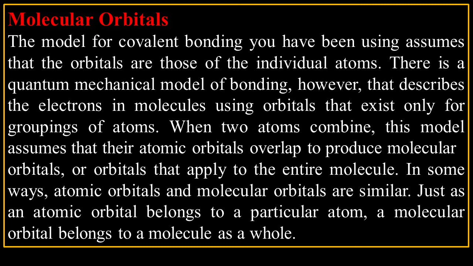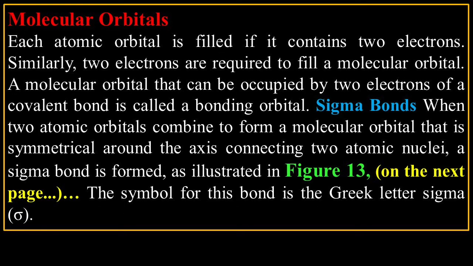When two atoms combine, this model assumes that their atomic orbitals overlap to produce molecular orbitals, or orbitals that apply to the entire molecule. In some ways, atomic orbitals and molecular orbitals are similar: just as an atomic orbital belongs to a particular atom, a molecular orbital belongs to a molecule as a whole. So we're going to be studying molecular orbitals.